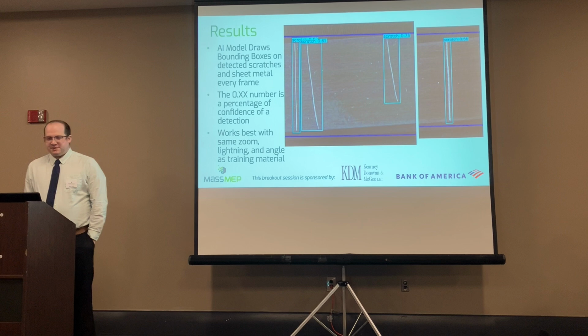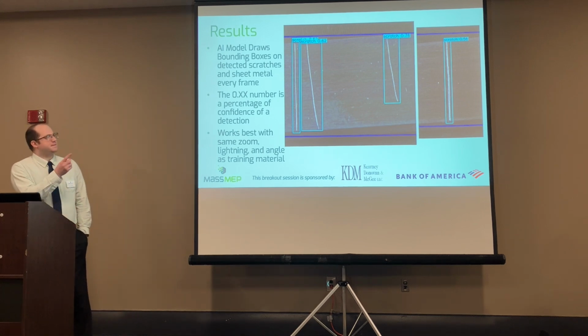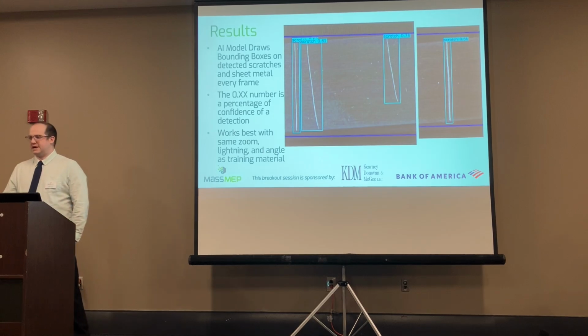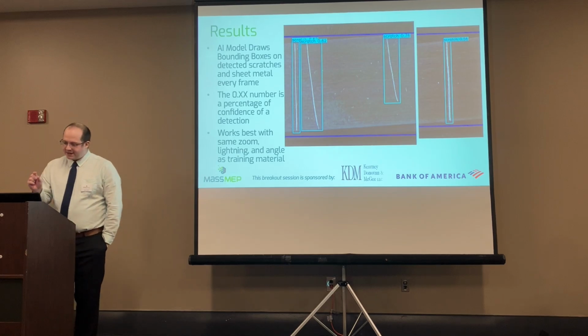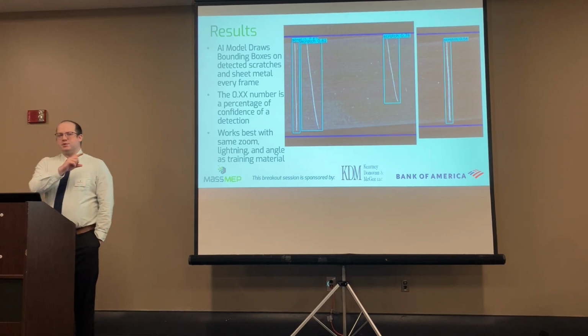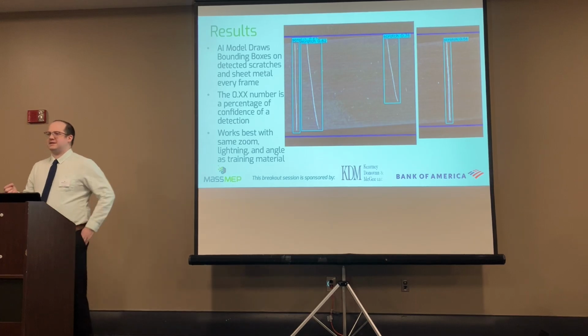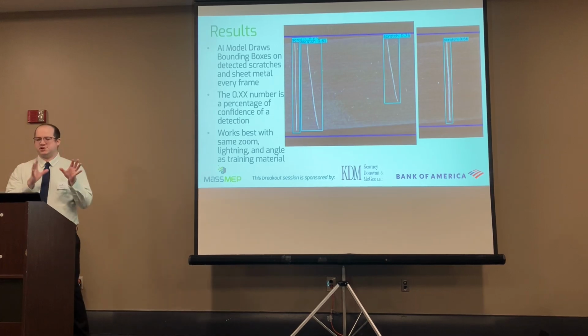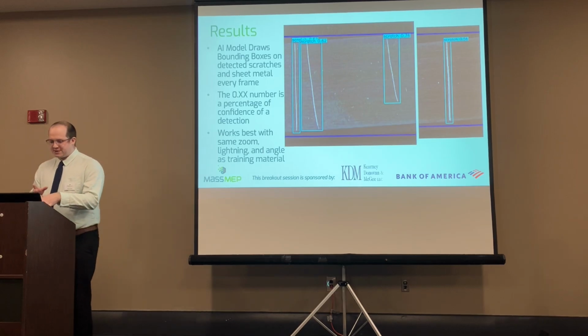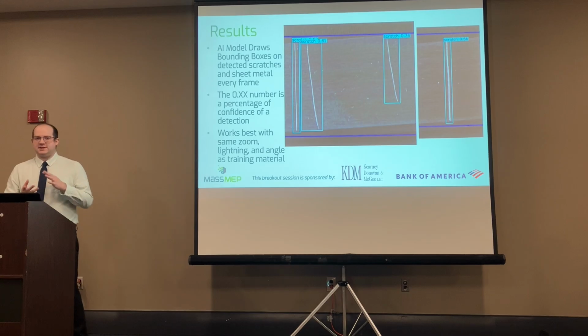The number next to the label, where it says scratch and then has a number, is the percentage of confidence in a detection of a defect. If I was to zoom out a little bit on this screenshot, the blue bounding box around that is trying to look for the sheet metal. That's 100% certain. It's very sure that's sheet metal. We zoom in and start looking at these scratches. They're 70, they're 60, they're a little less sure.